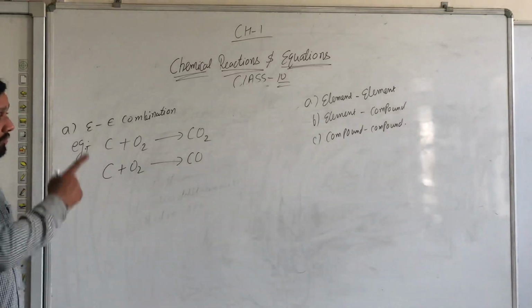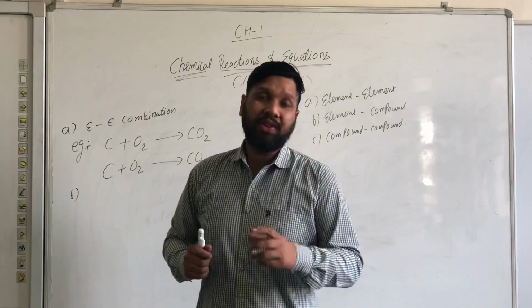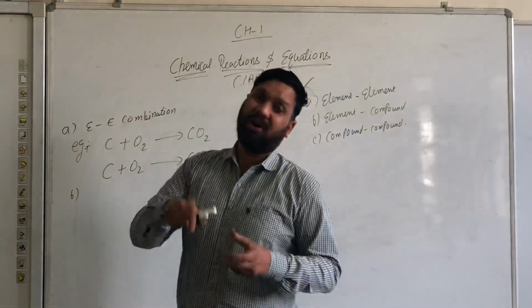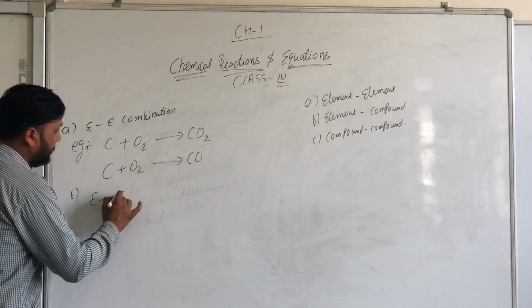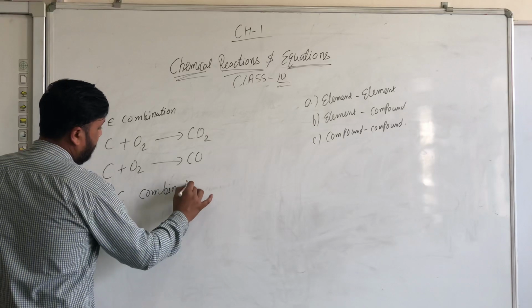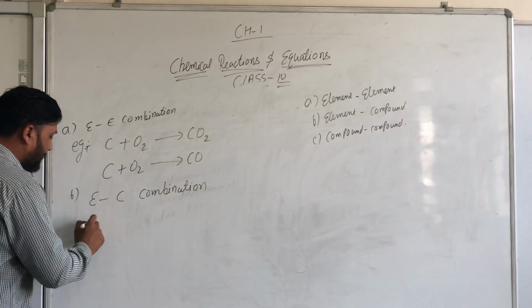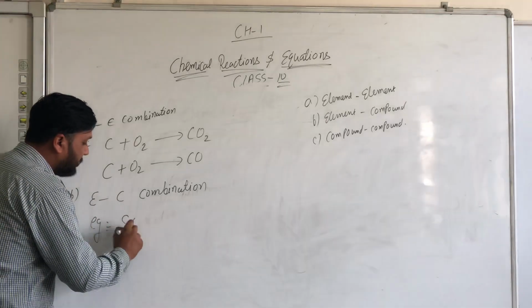Number 2, element-compound combination. If a species has more than one type of atom, it is simply called a compound. Its example is SO2.